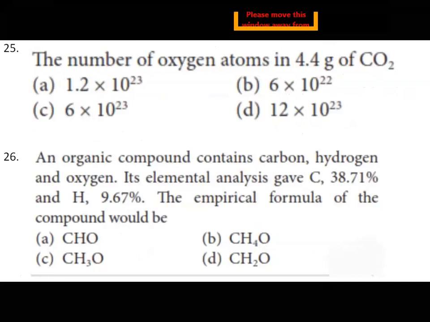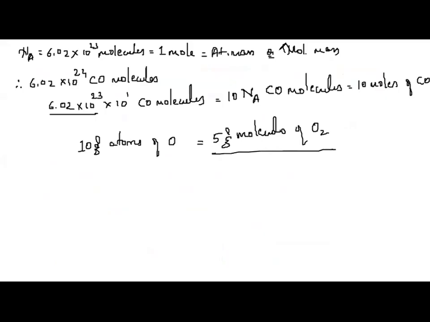The number of oxygen atoms in 4.4 grams of carbon dioxide. Okay, similar question. Can you tell me what is the molecular mass of, these are common compounds, you should be knowing the molecular masses. Molecular mass of carbon dioxide. Carbon is 12, oxygen is 16 into 2, 32, comes out to 44 grams.